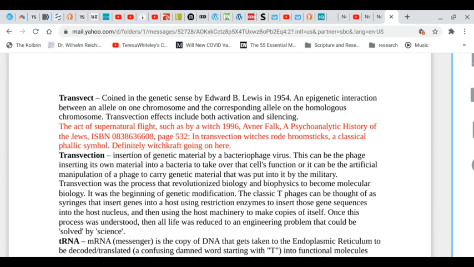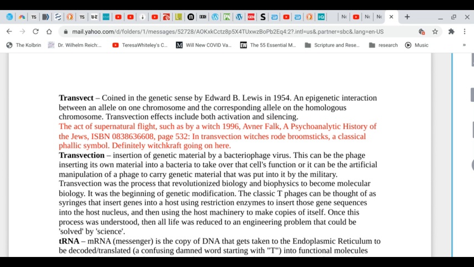The act of supernatural flight, such as in Abner Falk, A Psychoanalytic History of the Jews, 1996, ISBN 0838636608, page 532: in transfection, witches rode broomsticks, a classical phallic symbol. Definitely witchcraft going on here.